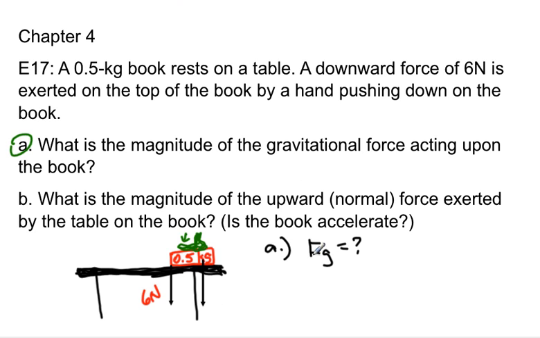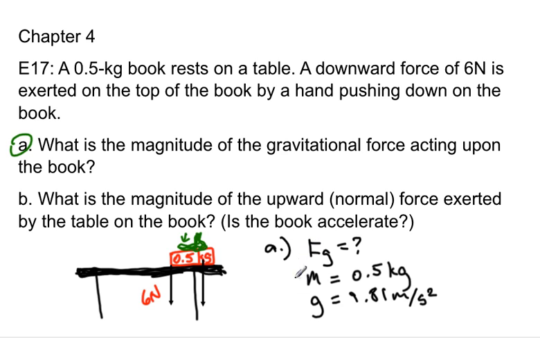So let's list the things that deal with the force of gravity. We need to know the mass. We know the mass of the book. It's 0.5 kilograms. We also need to know the acceleration due to gravity. That's always 9.81 meters per second squared. In your book, it might round it up to 10, but I'm using 9.81.